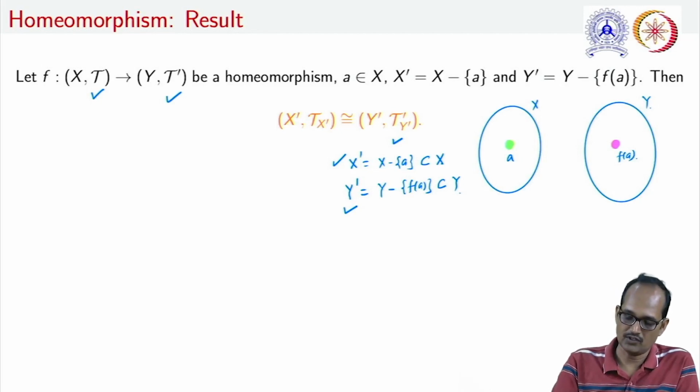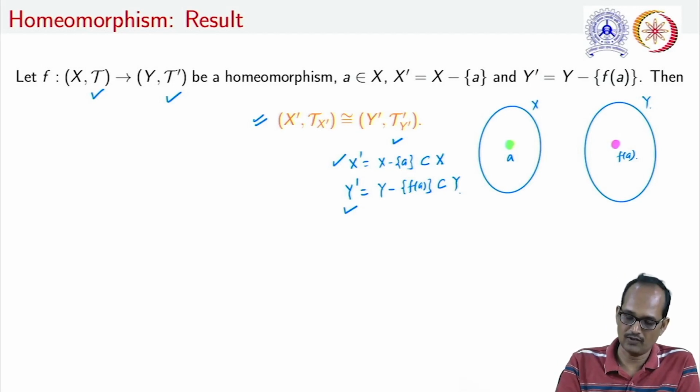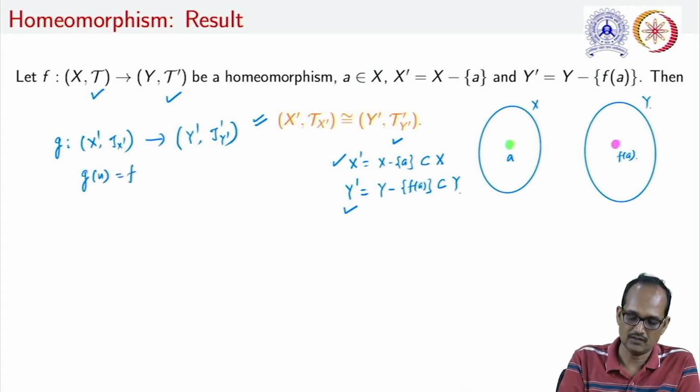If we want to justify that these two subspaces are homeomorphic, it is easy, because we take a function g from X dash with topology tau X dash to the space Y dash with topology tau dash Y dash, defined as g(x) = f(x) for all x belonging to X dash.